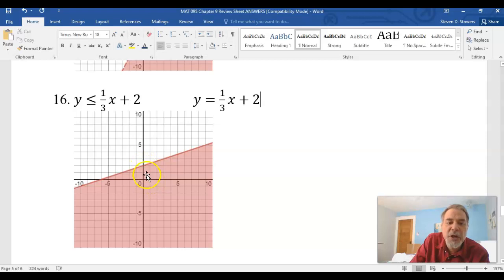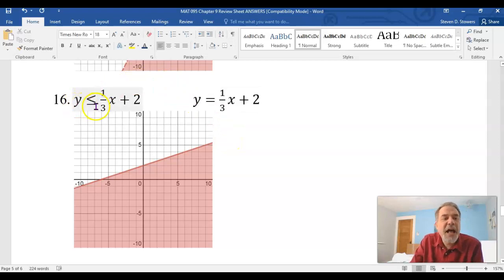So if you start at the point 0, 2, the y-intercept at 2, and then rise 1 and run 3, go up 1 and over 3, you get to another point on the line, and then you can just draw the line through there.